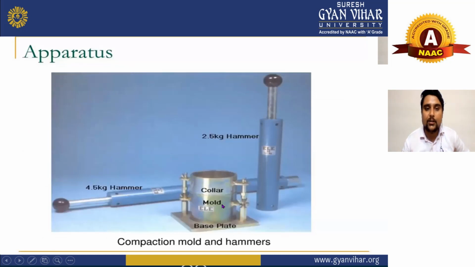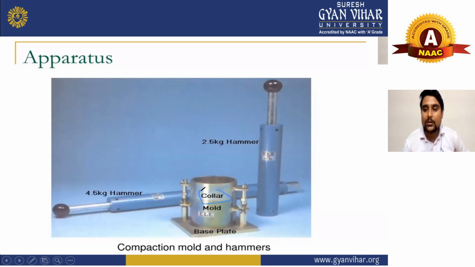Now we will again see the same apparatus we are using here for the modified Proctor test also. The 2.5 kg hammer, and the collar, this is your collar. Let me explain this equipment. That will be your collar, and this can be removed anytime. Before filling the soil, you have to remove this collar, and when you do the compaction in 3 layers, as we know, we fill the soil in 3 layers, and after that you put the collar on it, and you do compaction till this level.